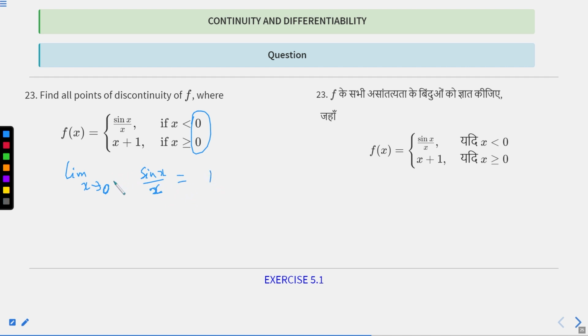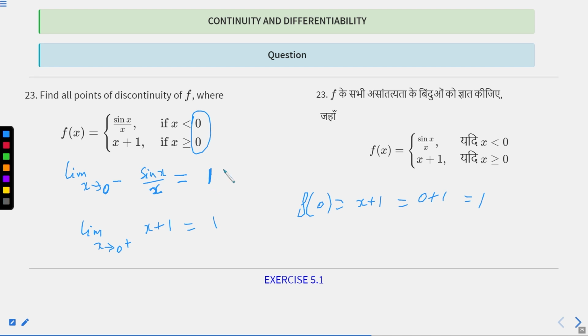And limit x tends to 0 plus will be 1 as well, and f of 0 will be 0 plus 1, which is 1. So it is continuous, no point of discontinuity. I hope you remember that limit x tends to 0 of sin x by x is equal to 1.